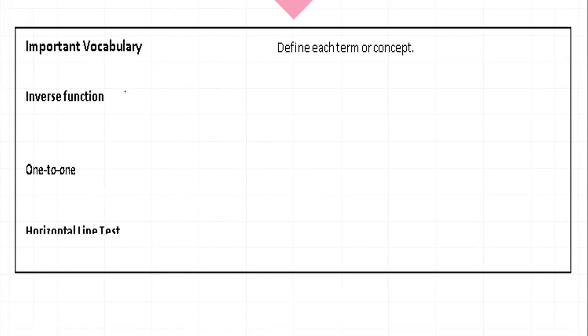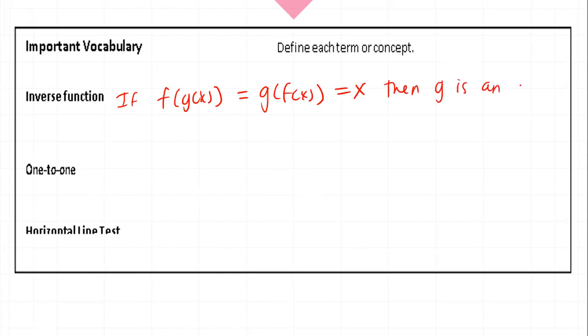So if you have two functions f and g, we can say that if f composed with g of x equals g composed with f of x, and they equal x, then g is an inverse of f.